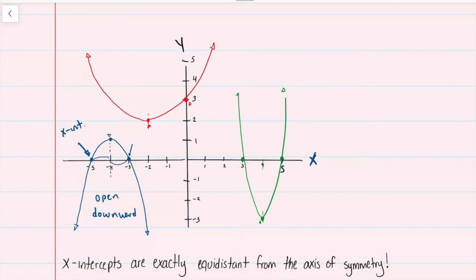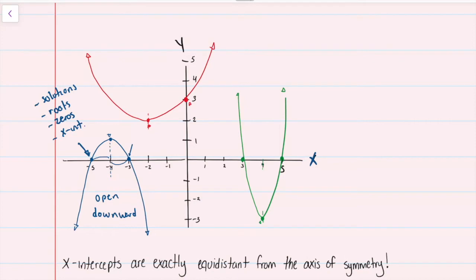In parabolas, we're actually going to call this a lot of different names, but they mean the same thing. Sometimes we call them x-intercepts. Sometimes we call them zeros. Sometimes they call them roots. And sometimes they call them solutions. These are all the different words you're going to hear, but they mean the same thing.